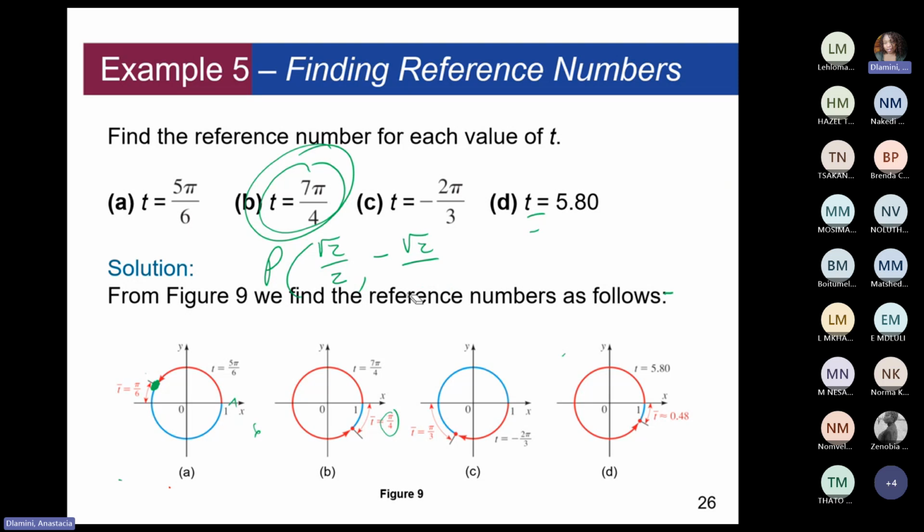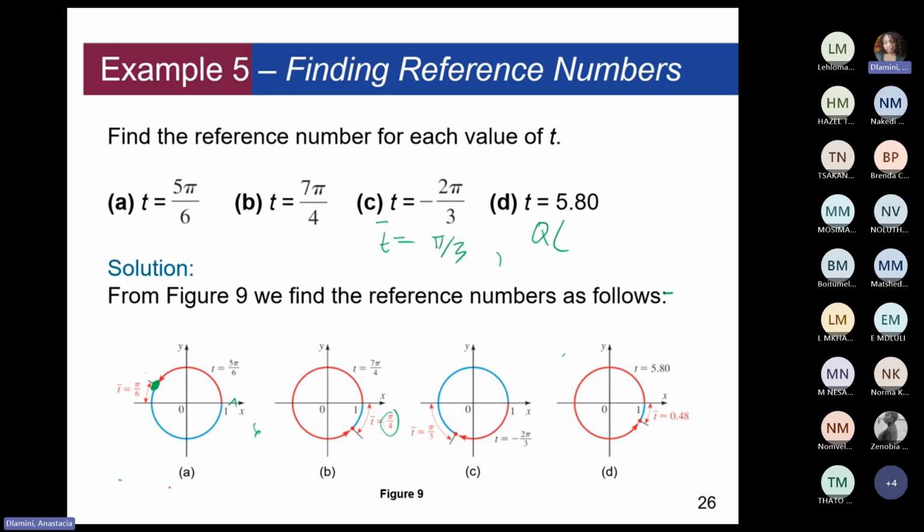Again, we are answering the question of find the terminal point using the reference number. So the first step is to find the reference number for C. We found that the reference number, which is t bar for C, was pi over 3. And then we say, okay, what is pi over 3?